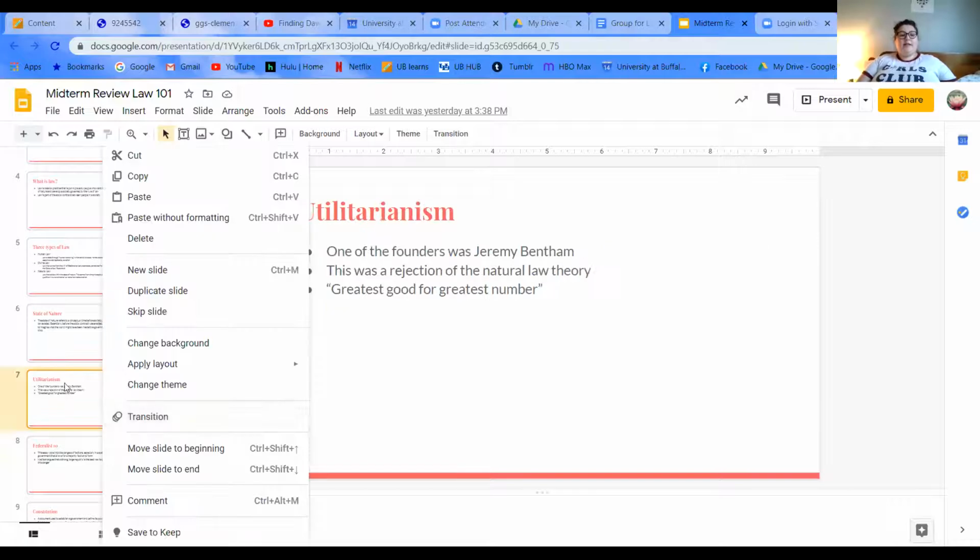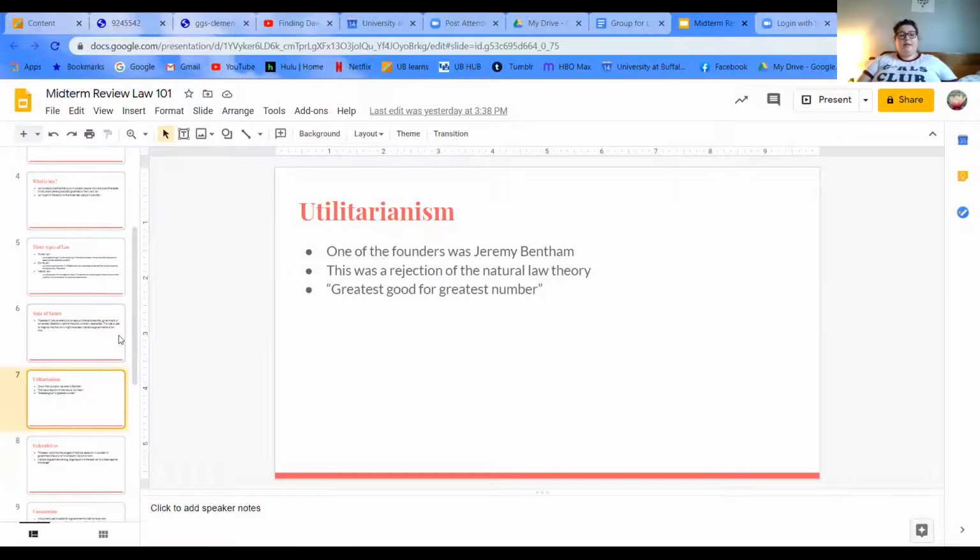And so then moving on to utilitarianism. So one of the founders was Jeremy Bentham, and this was a rejection of the natural law theory. So this was saying that humans aren't innately good. There isn't some quality that tells us from birth that we can't harm one another and that we have to take care of one another.